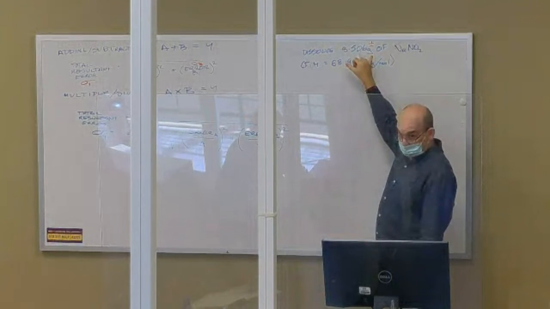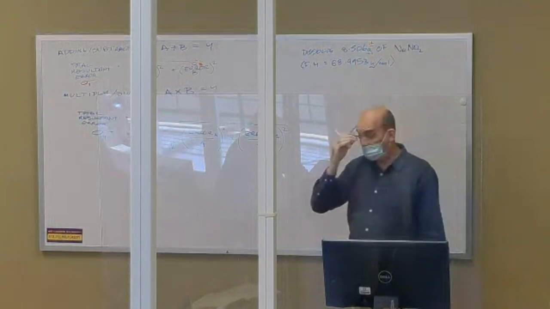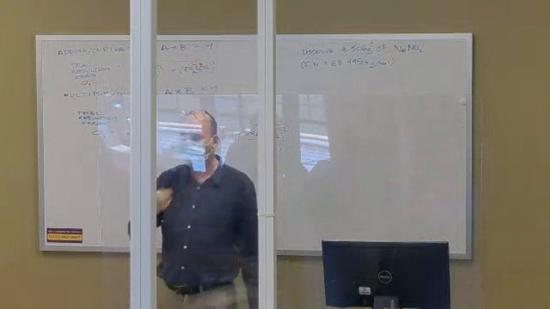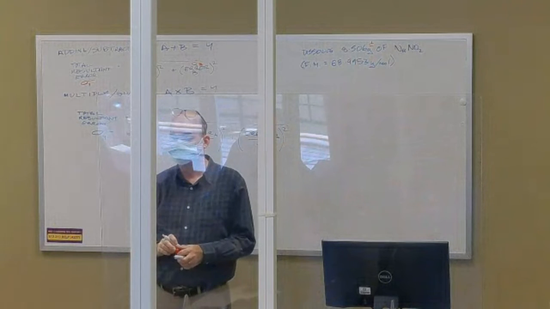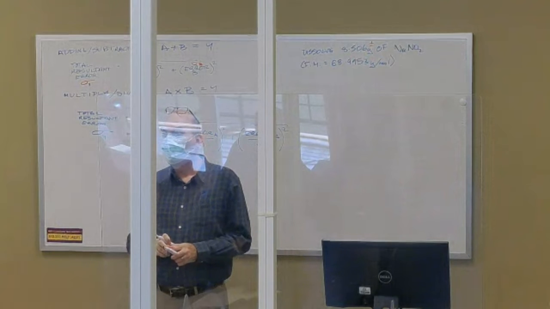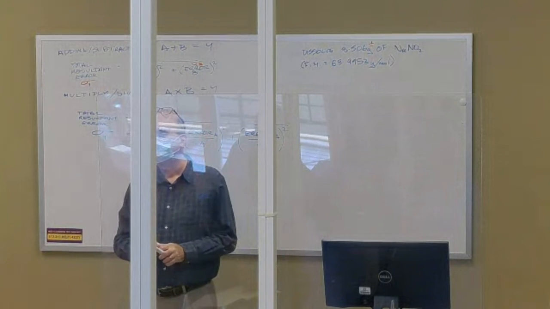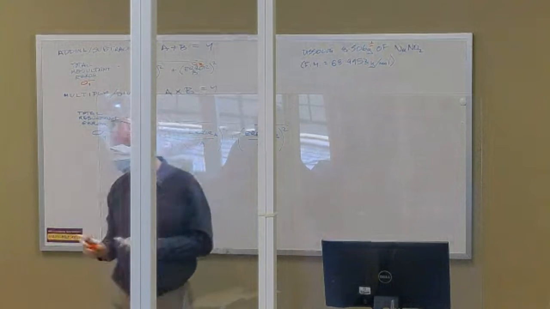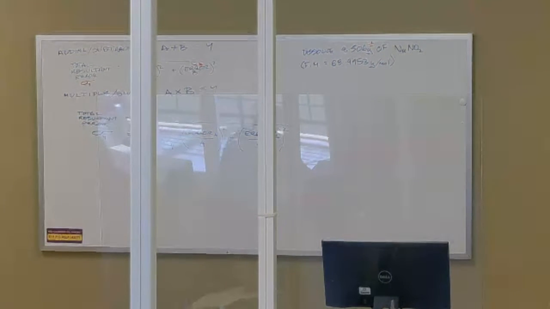This is in grams. How is 1 milligram represented as a gram? How many milligrams in a gram? 1,000. So 1 milligram is 1/1,000 of a gram.